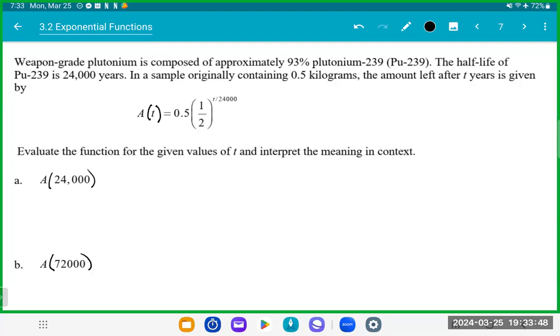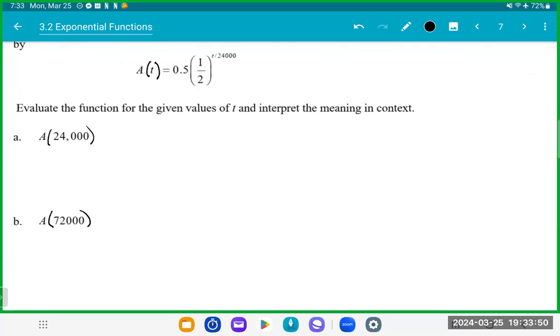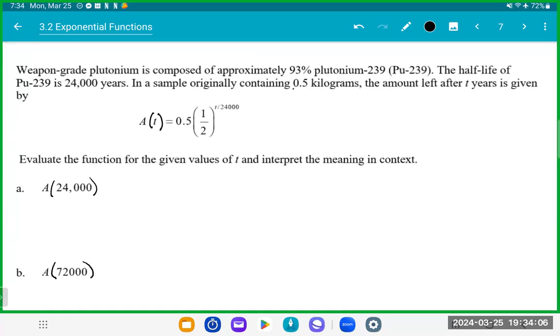And so if we look at an example of the 24,000, if we want to look at it for the 24,000 years, right? How much is left after 24,000 years? If I start out with half of a kilogram, let me get a different color. If I start out with half of a kilogram, how much of that is left after 24,000 years?